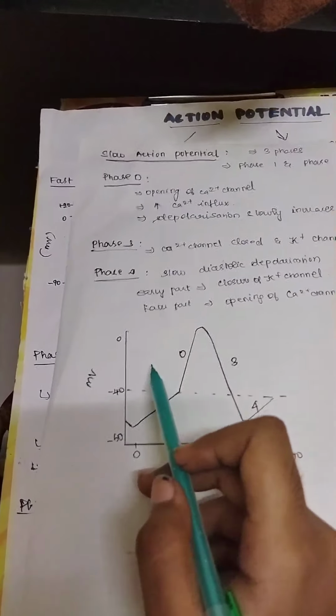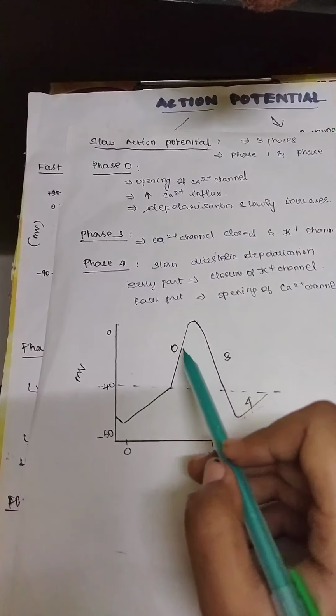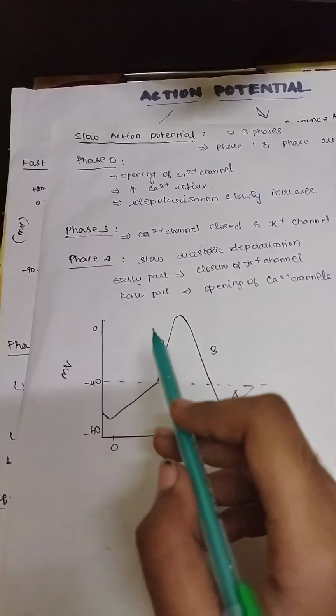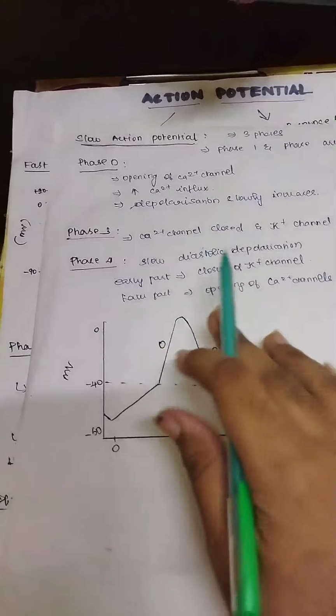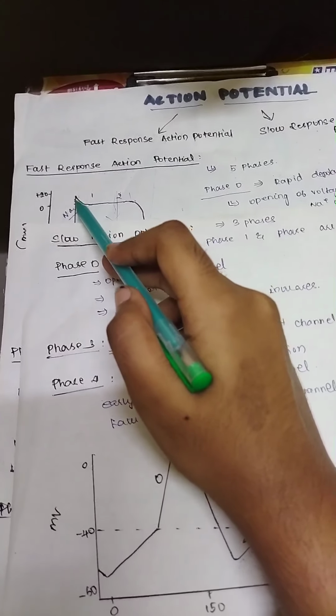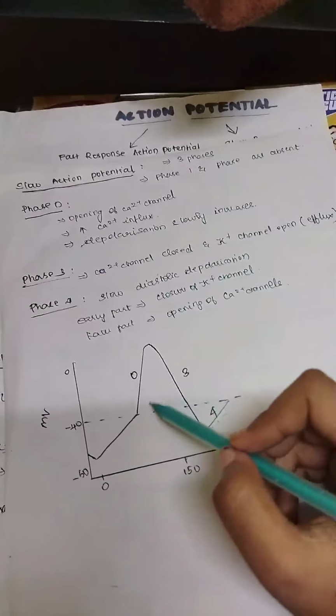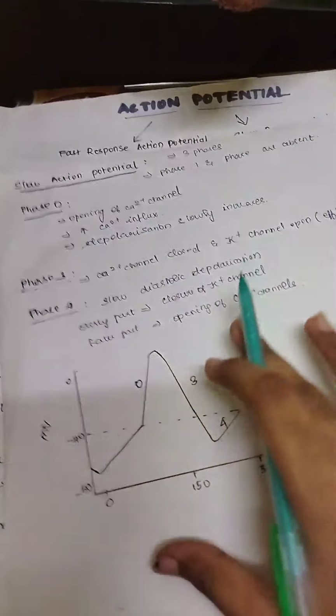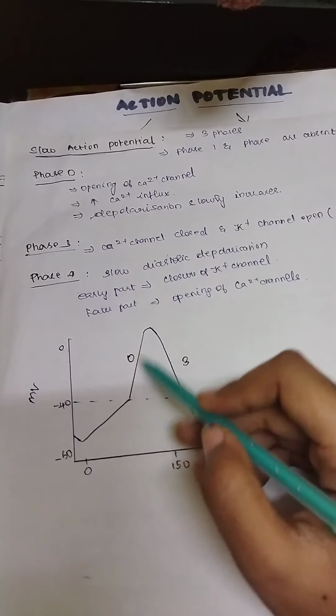So now what is going to happen? In phase 0, you can see there is a rapid depolarization, but it is not steep. In the fast action potential it is more steep, but here it is not that steep. There is going to be a small peak.